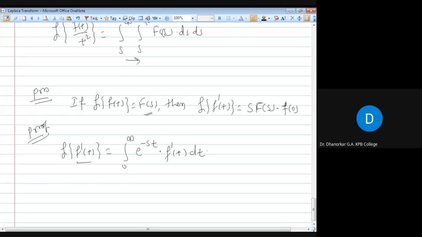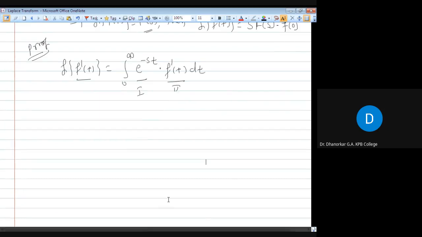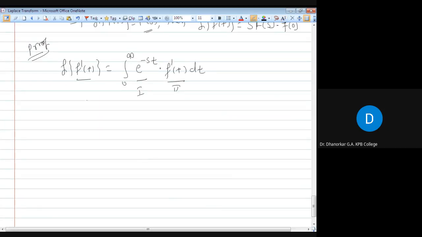Now find its integration. Treat this as our first function and this as our second function, and use integration by parts. By using by parts, we get: derivative of the first function, keeping the second function constant.